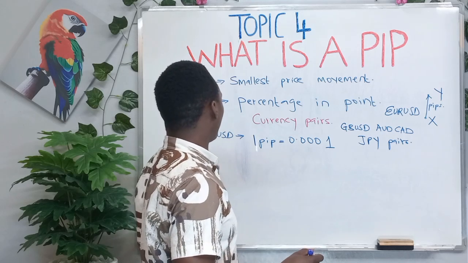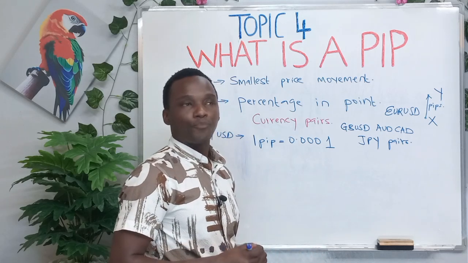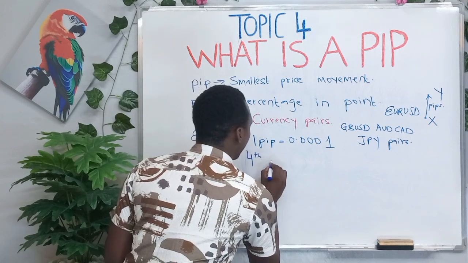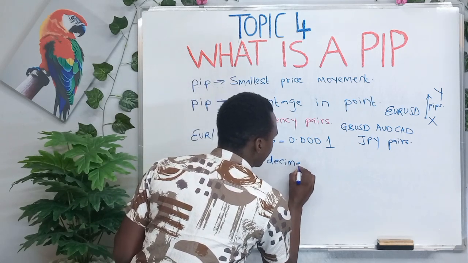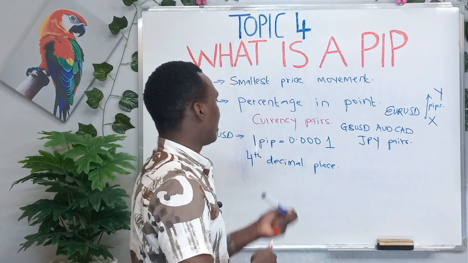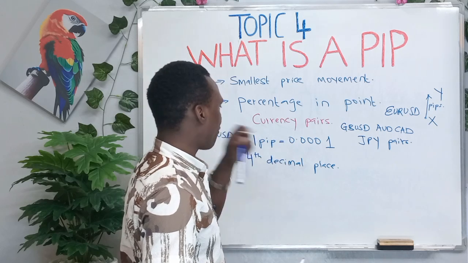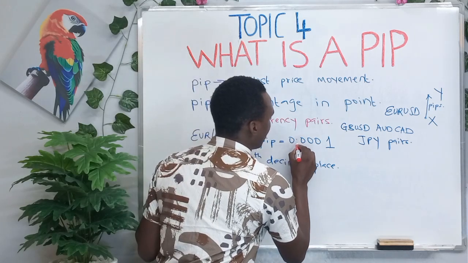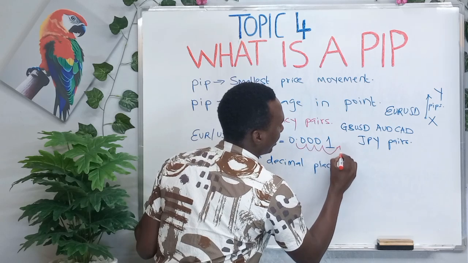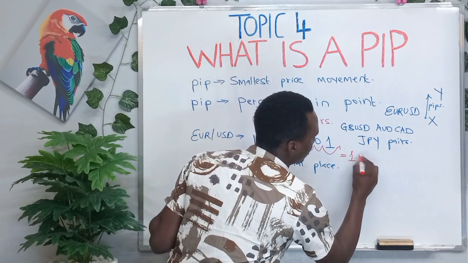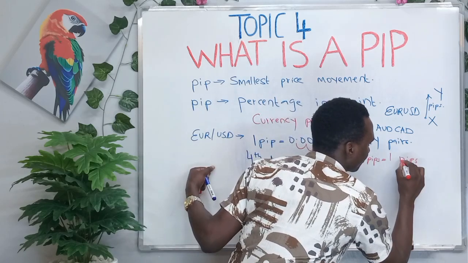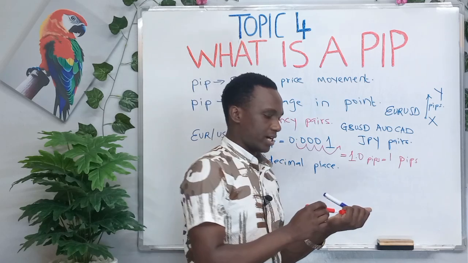So here in Euro USD, we say that the pip is expressed at the fourth decimal place. All right? At the fourth decimal place. If you want to count the number of pips here, you will say 1, 2, 3, 4. All right? So you'll get 1.0 pips, which is 1 pip. Isn't that so?